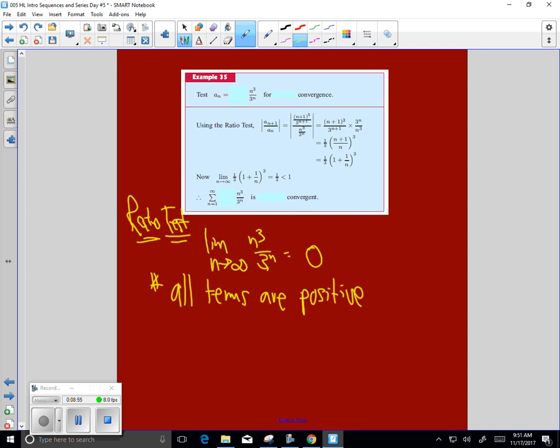Yeah. So then you go the limit as n approaches infinity of, you just put an n plus 1 wherever you have an n. So it's n plus 1 cubed over 3 to the n plus 1, and then divided by, I'm just going to multiply by the reciprocal, 3 to the n over n cubed.